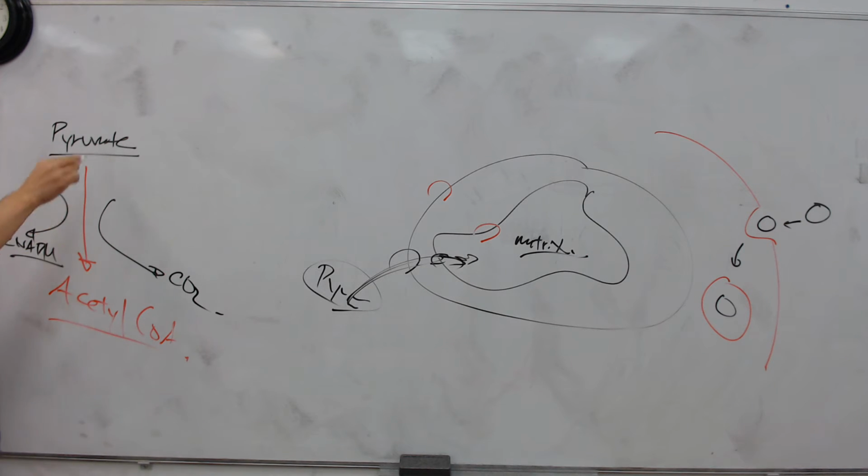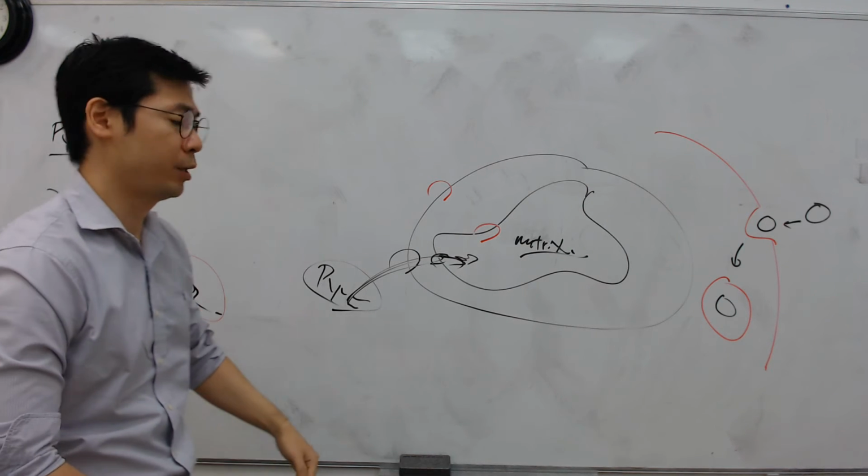Keep in mind, pyruvate is a 3-carbon molecule. CO2 goes out, and acetyl-CoA is a 2-carbon molecule. This is what they consider the linked reaction, which happens in the mitochondria. There's nothing more I want to mention about this one.